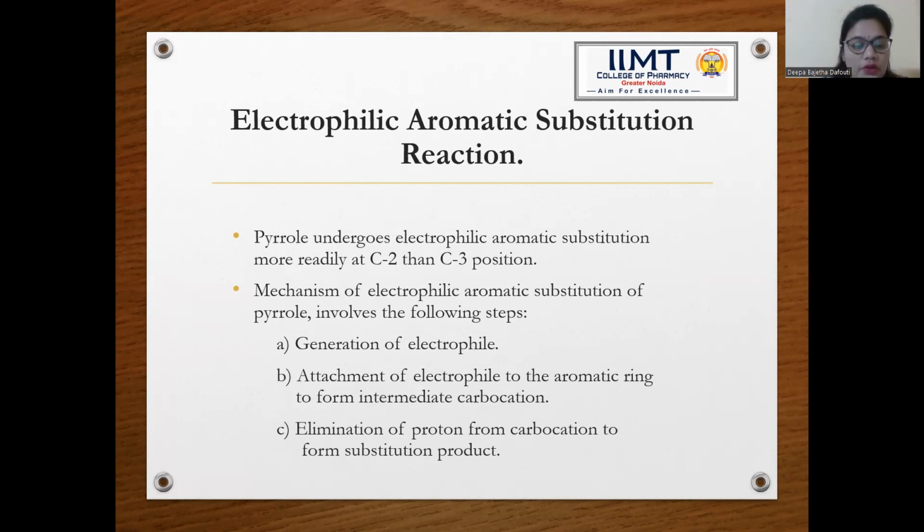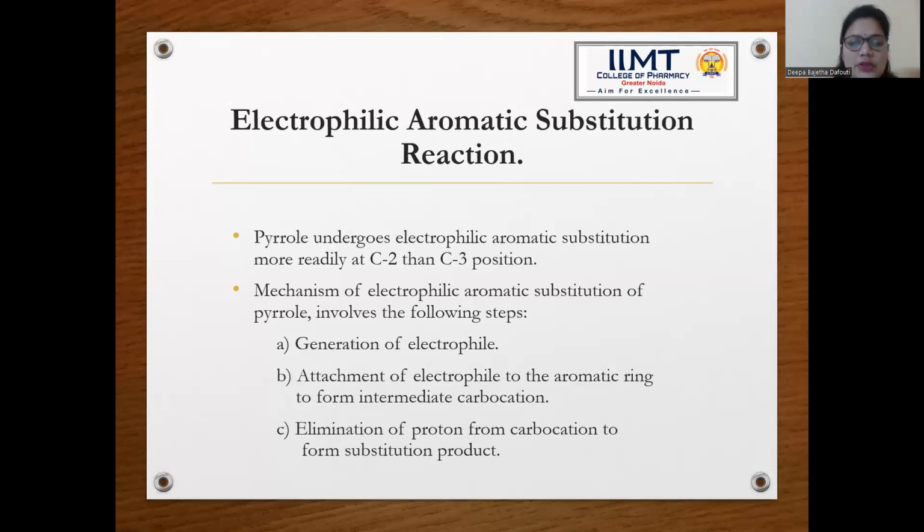When electrophilic substitution takes place at the second position of pyrrole, it will lead to the formation of three resonating structures. If pyrrole undergoes aromatic substitution at carbon second position, it gives three resonating structures.